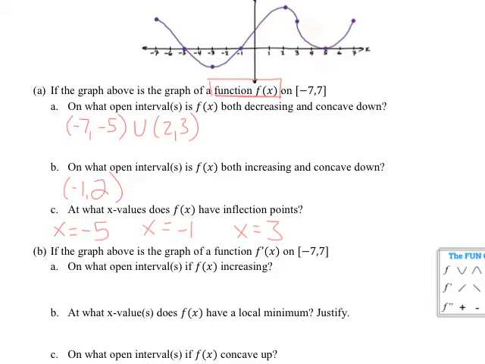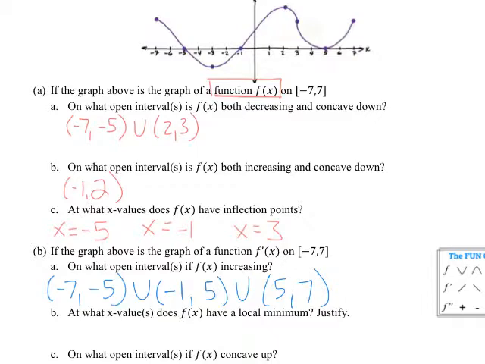So our function f is increasing from -7 to -5 because the derivative is positive, and the derivative is also positive from -1 to 7. Since it's equal to 0 at 5, I'm going to break that spot there. So -1 to 5 in union with 5 to 7.